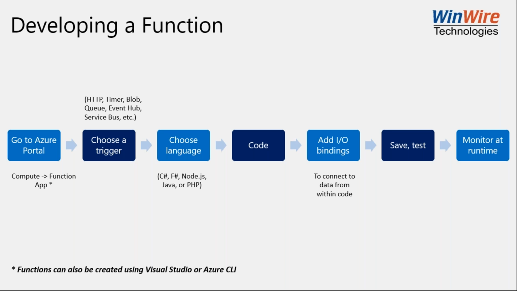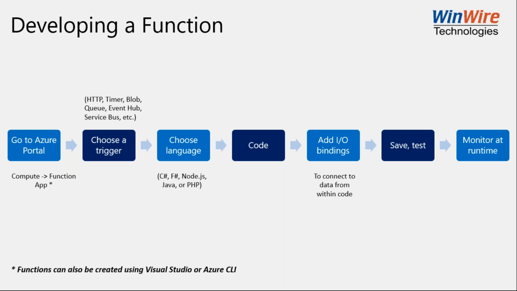So the key thing is there are 2 or 3 main things for a function, right? One, you need to choose a trigger that will trigger the function. That's where I was talking about integrations.